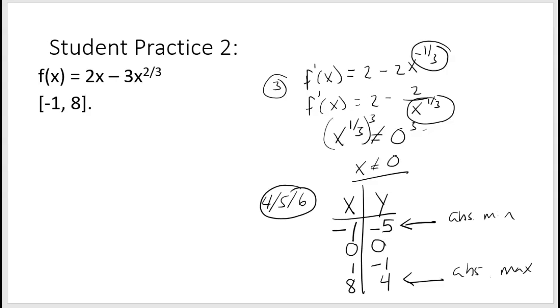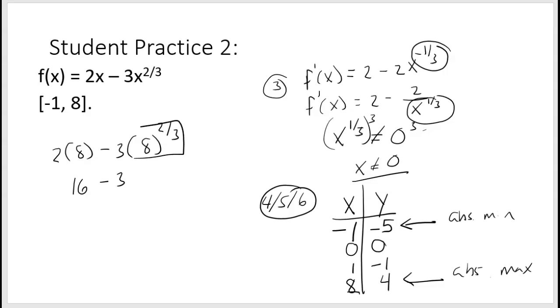Okay, now I'll work one of these out just so you guys can kind of see the math. So I'll do the one with 8. So if I were to plug in 8, it would look like this. Now, yes, you could do it on your calculator and get the answer, but I want you guys to also know how to do this by hand in case you need to. So 2 times 8 is 16, obviously.